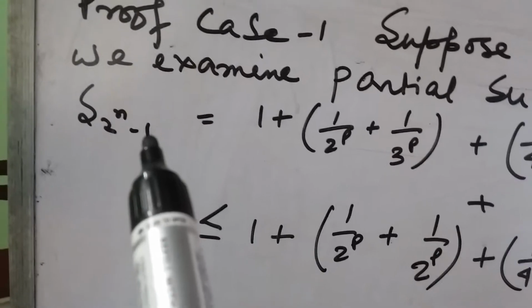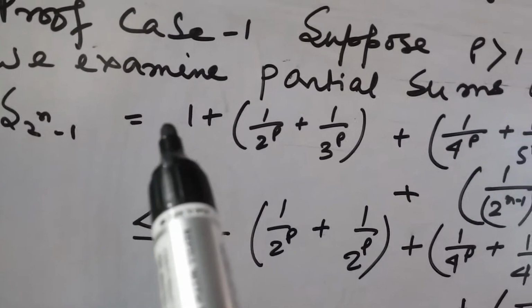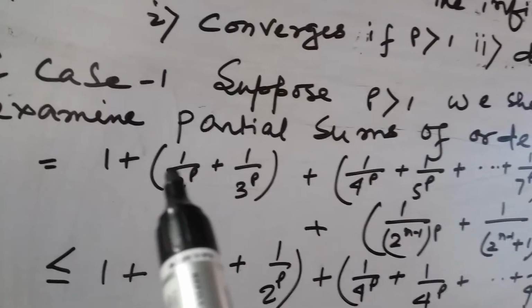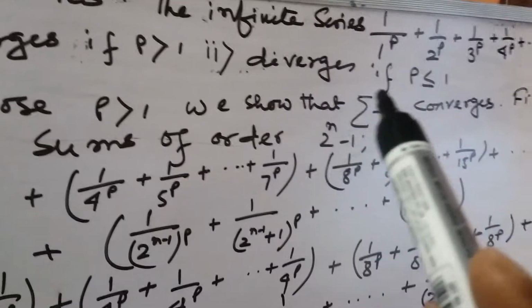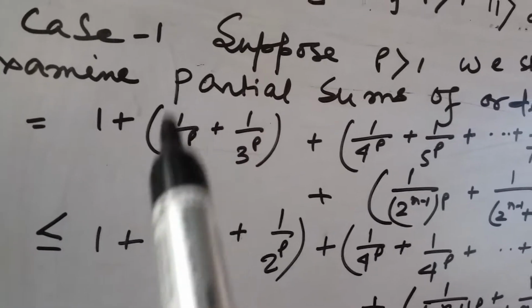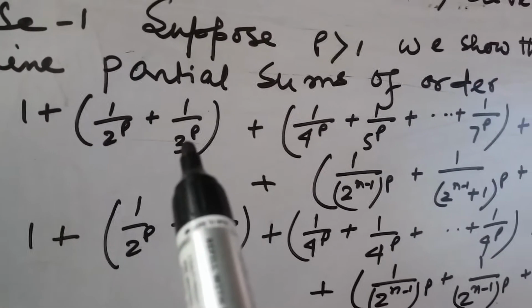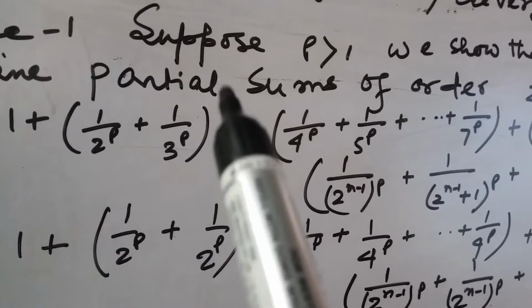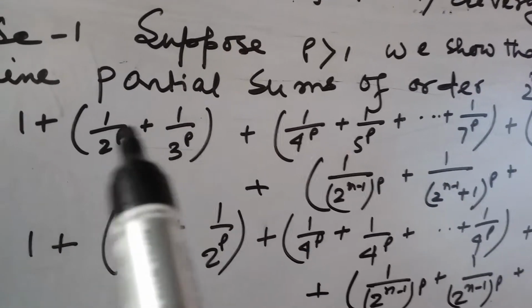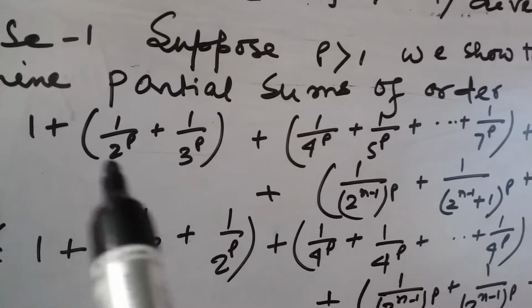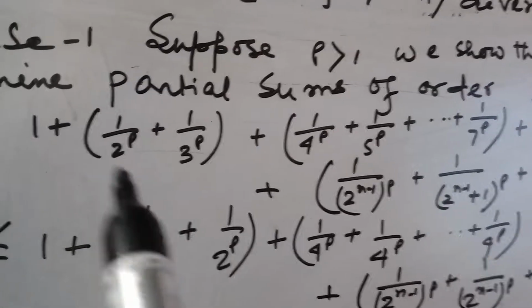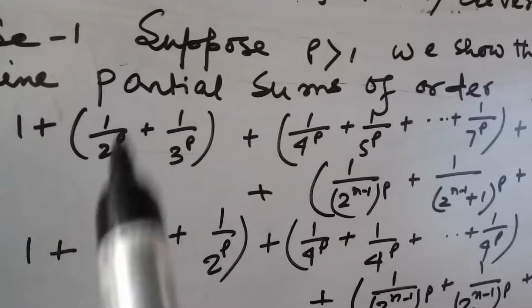S of 2 to the power n minus 1 is equal to, you put here n equal to 1, n equal to 2, so you can write 1 plus 1 by 2 to the power p plus 1 by 3 to the power p. But here you keep 2 terms.